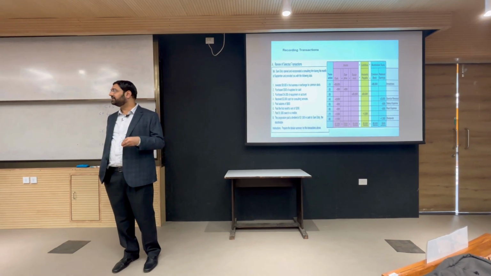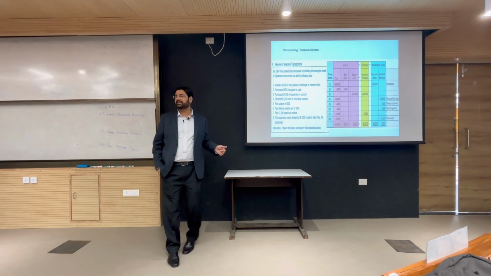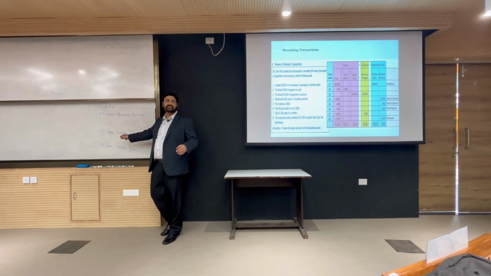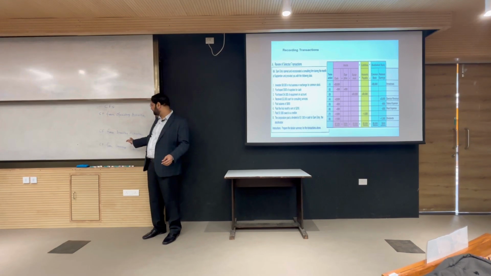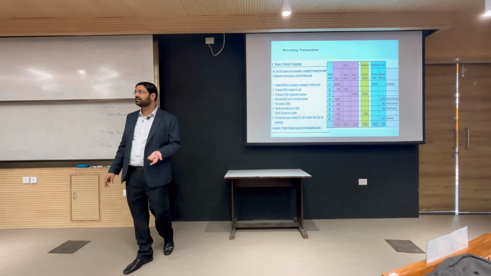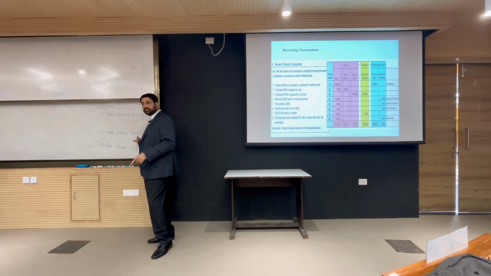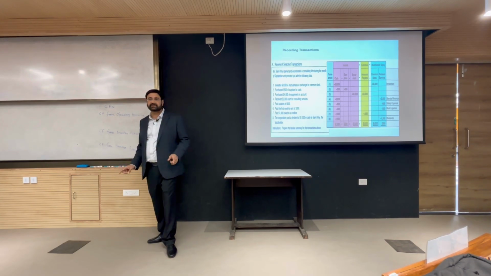How much did we invest? 500. So we write purchase of assets, in brackets supplies, and it will be minus 500. We are all clear? And that will come under investing activities.